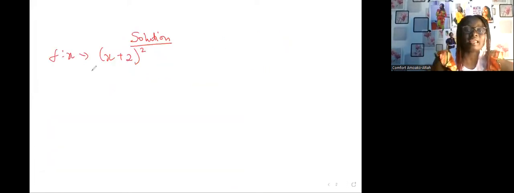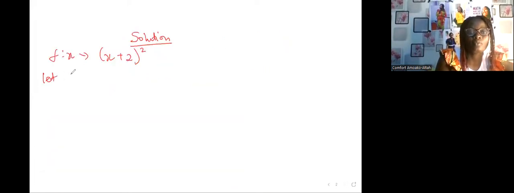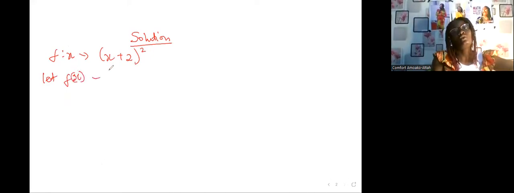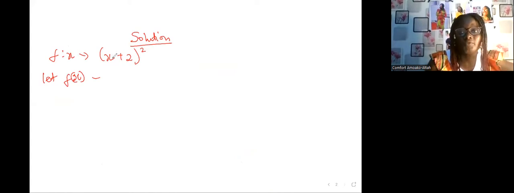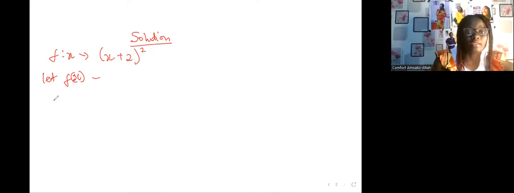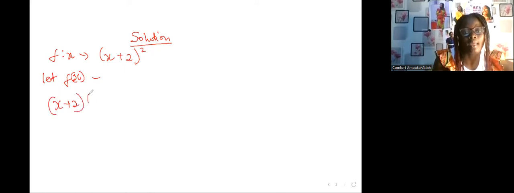So we can say let f of x be, you can't let that be that. You have to expand your bracket first, okay? So now expanding the bracket, we are going to get something like this. x plus 2, x plus 2.